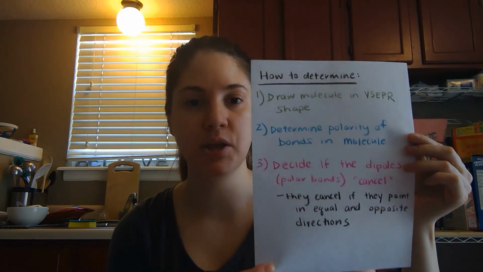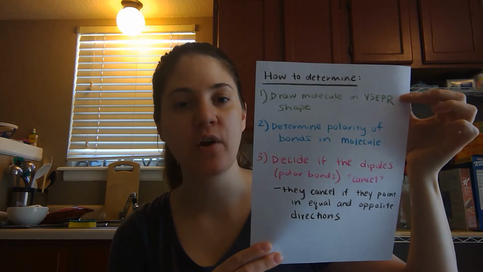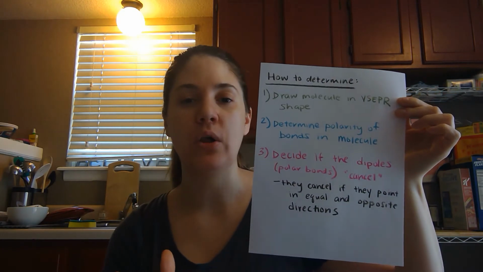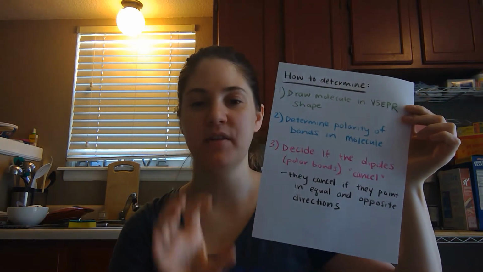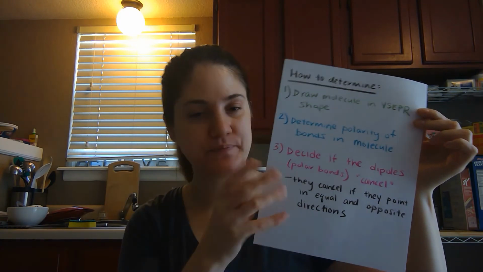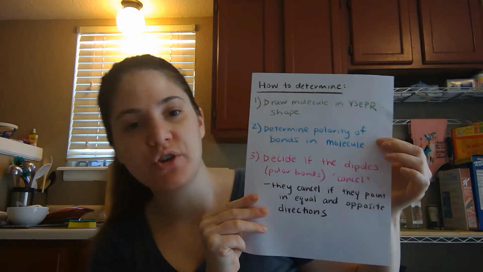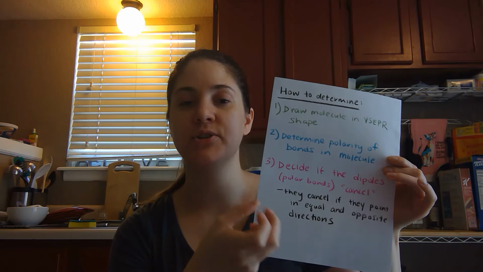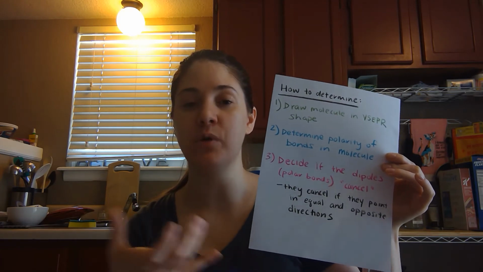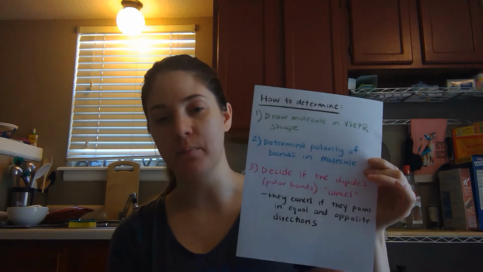So to determine whether or not a molecule is polar, you need to first draw the molecule in its correct VSEPR shape. So you need to be able to think about it three-dimensionally. The next thing you're going to do is look at all of the individual bonds in that molecule and determine whether or not the individual bonds are polar or nonpolar.